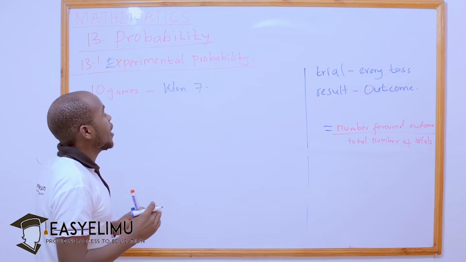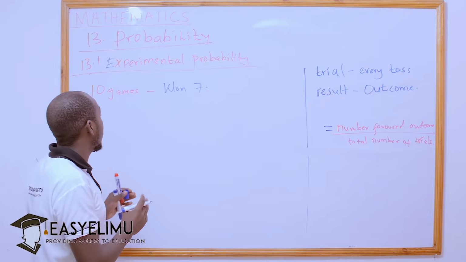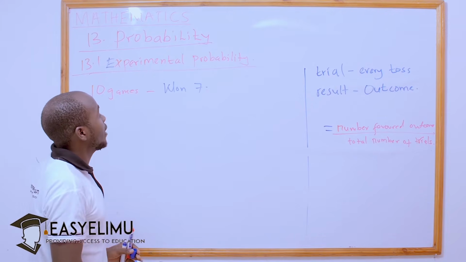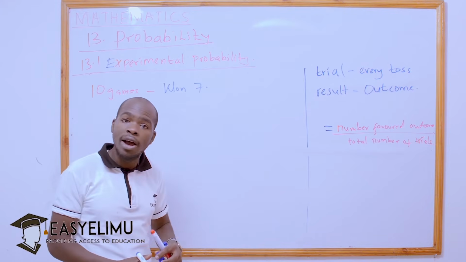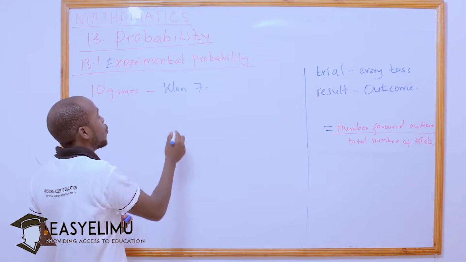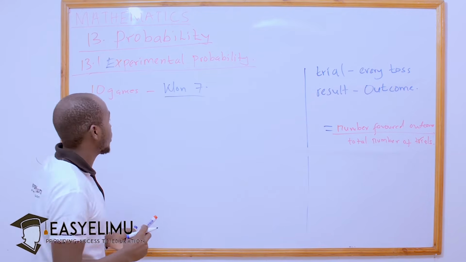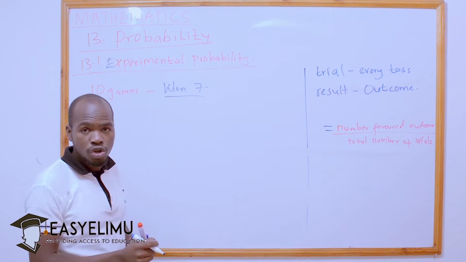The trial was the match which the school was playing, and whatever was the result is what we refer to as the outcome. Winning here is our outcome, and the 10 games played are our total trials.